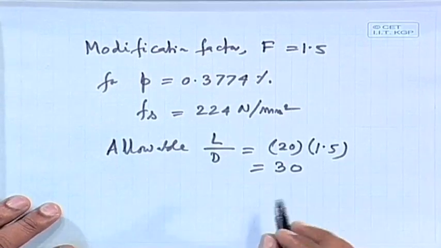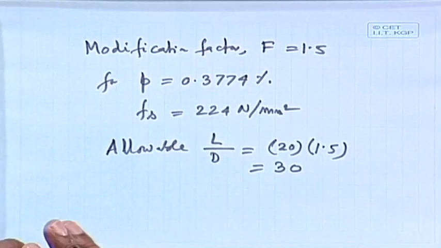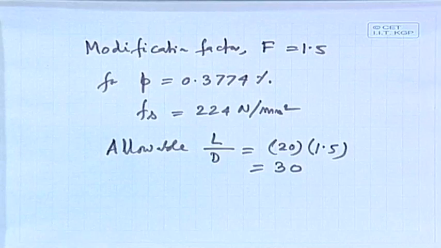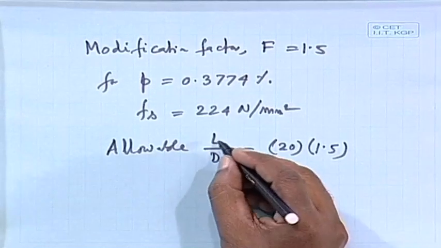There is one discrepancy here. On one side it is written L by effective depth, that we told in the last one is span by effective depth, whereas in this note they have written it as span by overall depth.